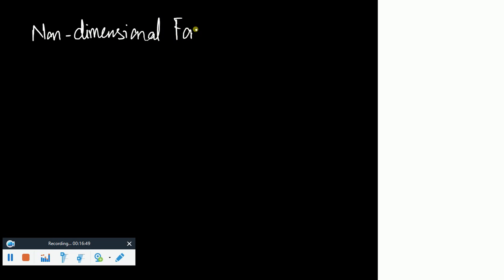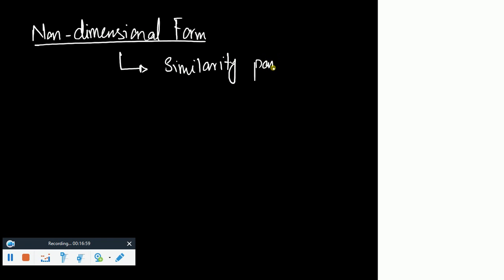And you know the advantage. What is the advantage? We can simply look for the similarity parameters, because while doing experiments, that can reduce the parametric space for the experimentation.